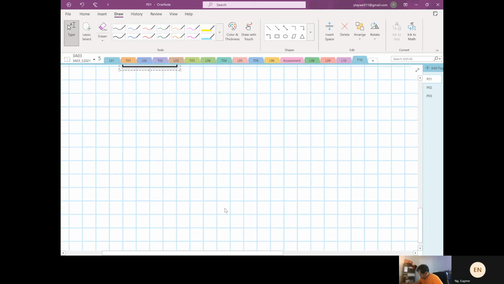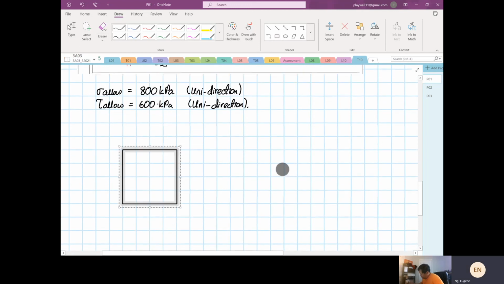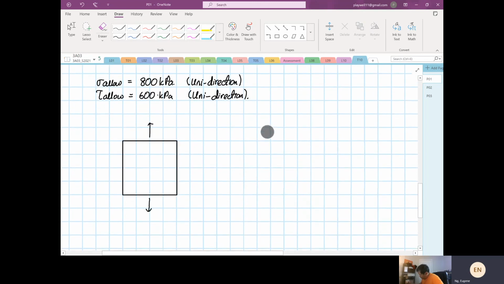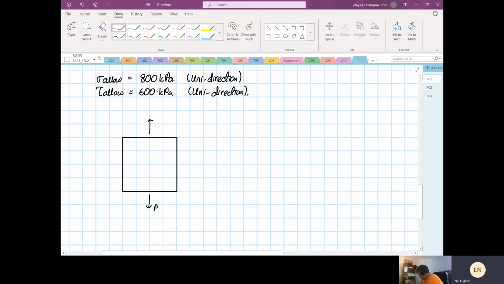At this orientation, we know that we have a tensile load of P over A, but we don't know what it is yet. We only know it's P over A, but we know the area, by the way. This is also P over A. So this is our point X on Mohr circle. This is point Y on Mohr circle.